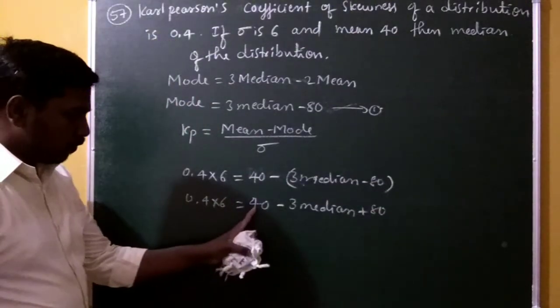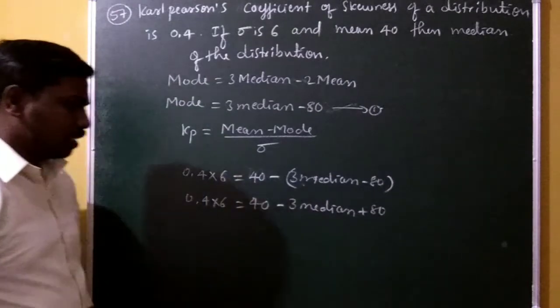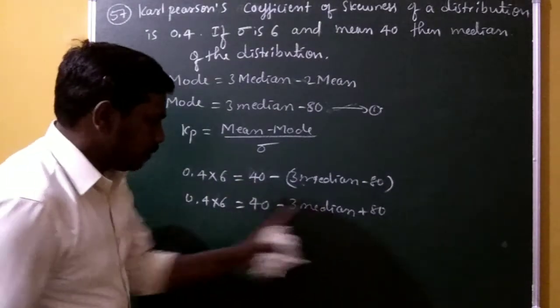So 40 plus 80 is 120. Take the minus 3 times median to the other side.